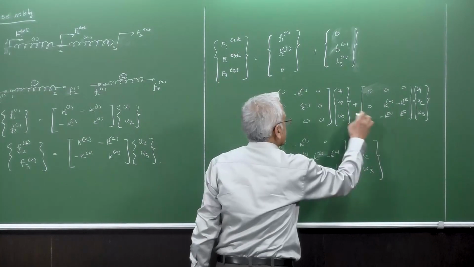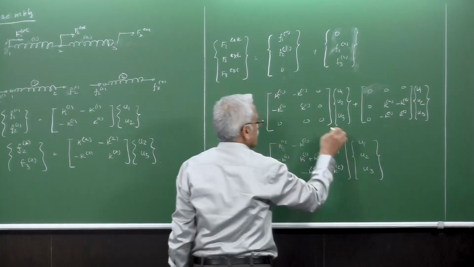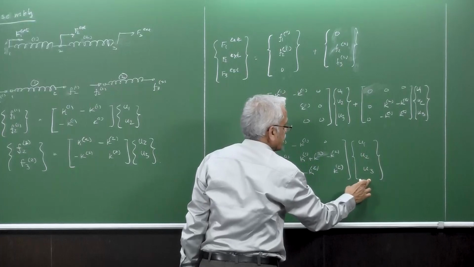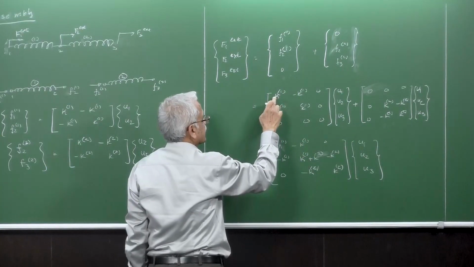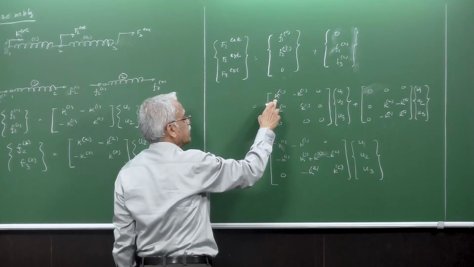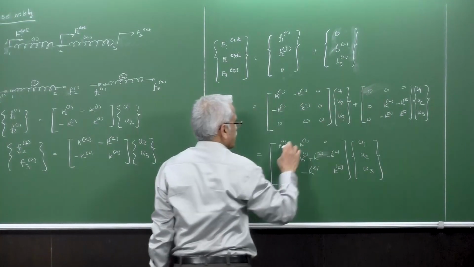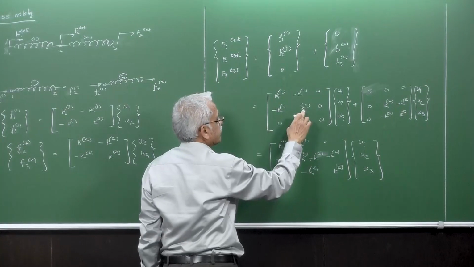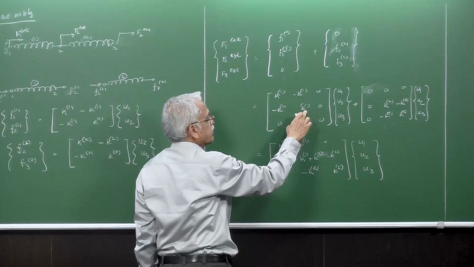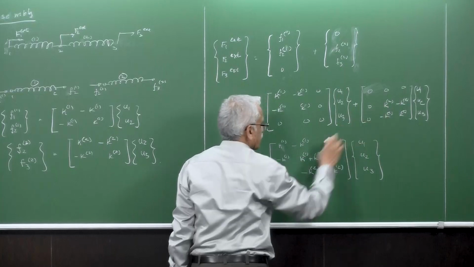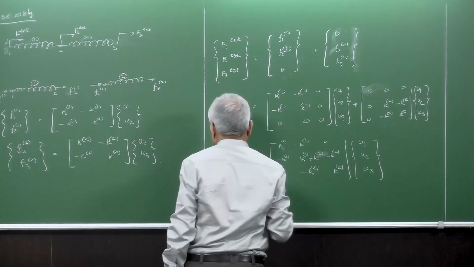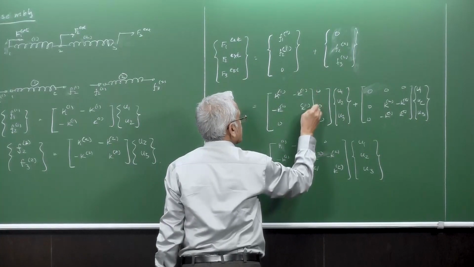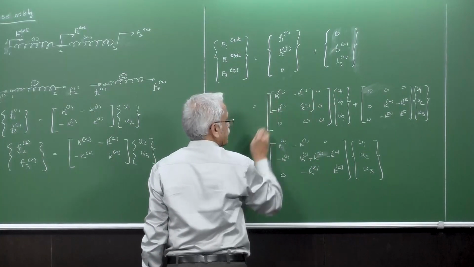And these two put together, since this column is the same, we can keep it common here, and these things can be added as they are. The value K1 here and the 0 here will be added. Similarly, the middle one gets K1 and K2 contribution, and this is what it is, right? So you can see interestingly that this part here is nothing but your element 1.